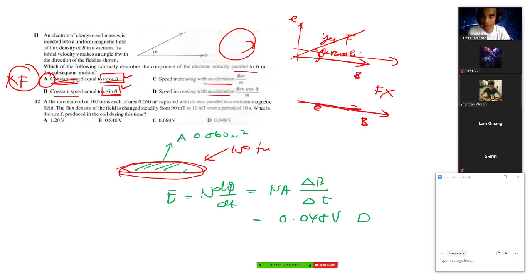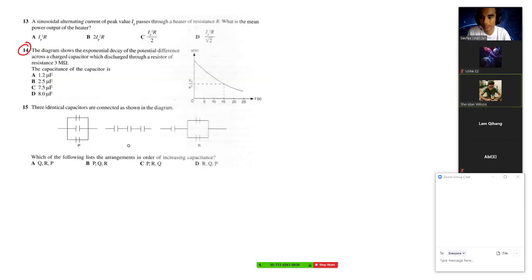Okay, so question number 13. A sinusoidal alternating current of peak value I passes through a heater of resistance R. What is the mean power output of the heater? Now it's asking for I_P, the peak value I. So I_P is actually I naught, right?